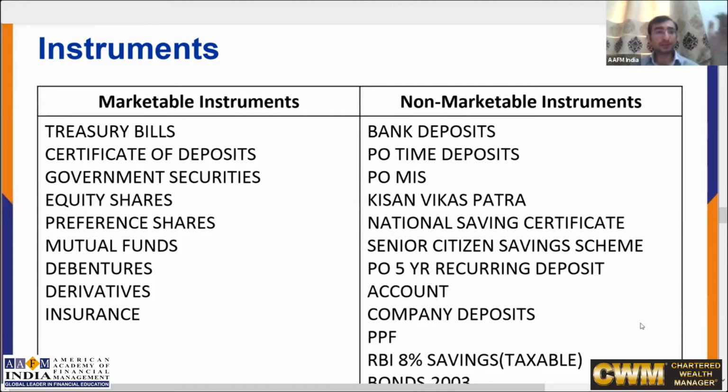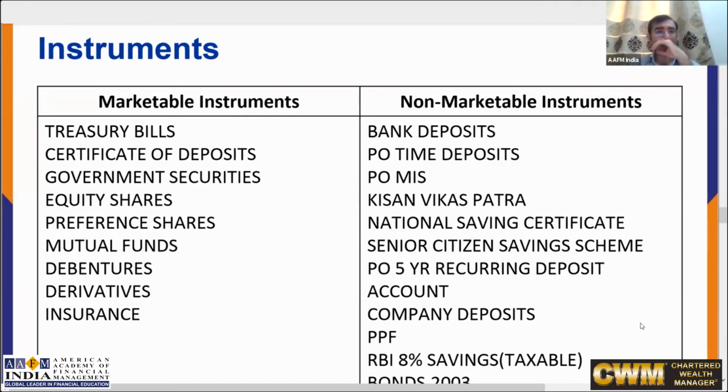So these instruments are marketable: T-bills, certificates of deposit, and other government bond securities. Equity shares are marketable. Preference shares, again, not all preference shares may be marketable because some have restrictions not to get traded. Then mutual funds, debentures can be traded, derivatives can be traded.